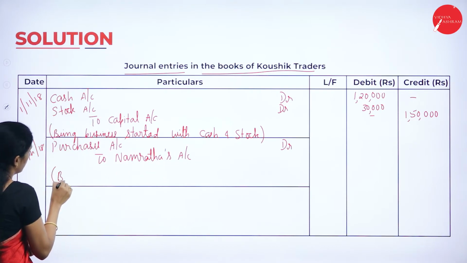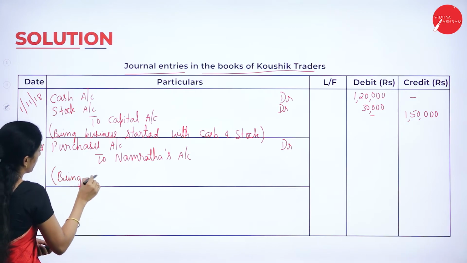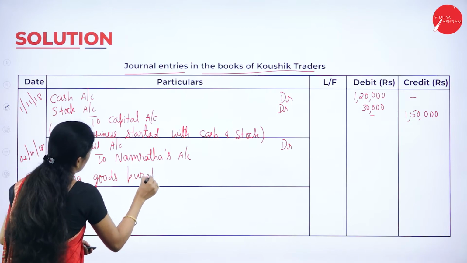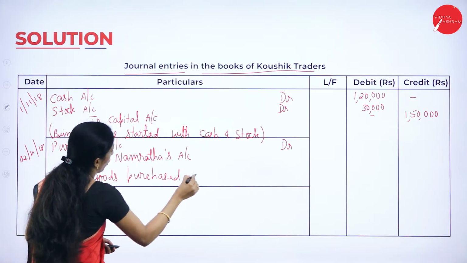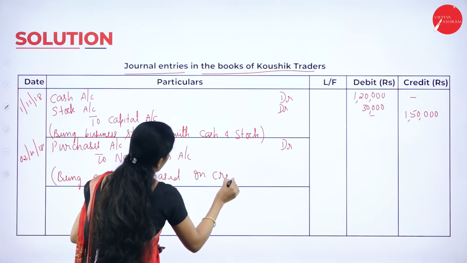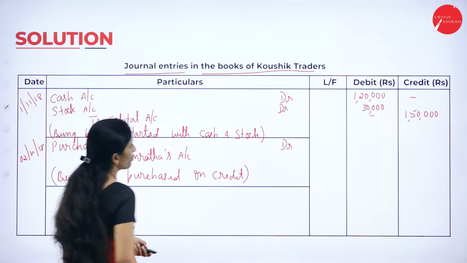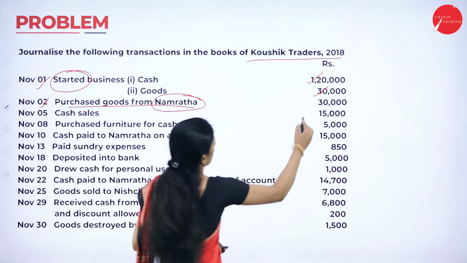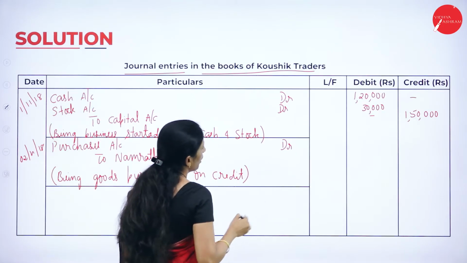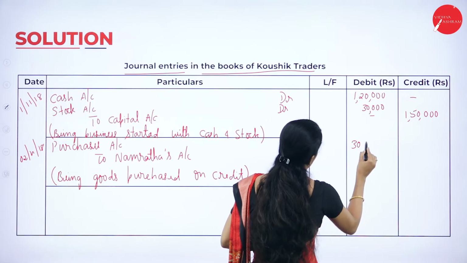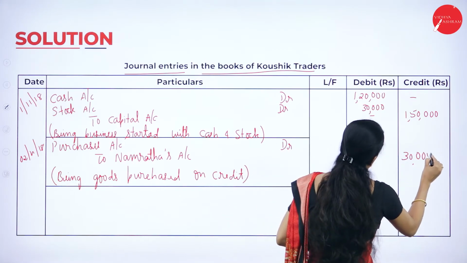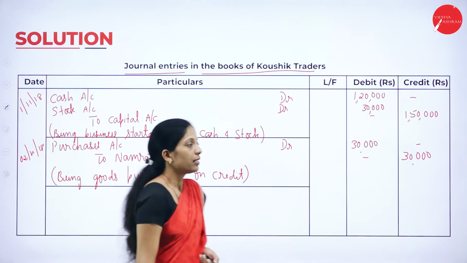Being goods purchased on credit. Close the bracket. So what is the amount? That is 30,000. So write 30,000 on the debit side and 30,000 on the credit side. Next one.